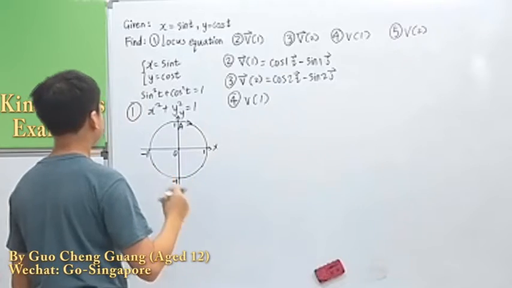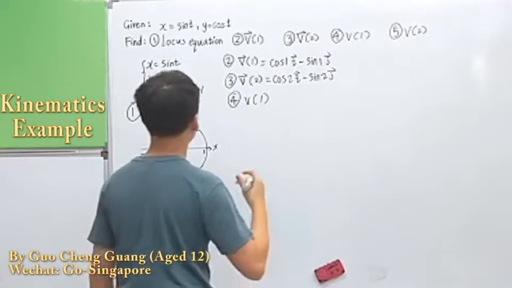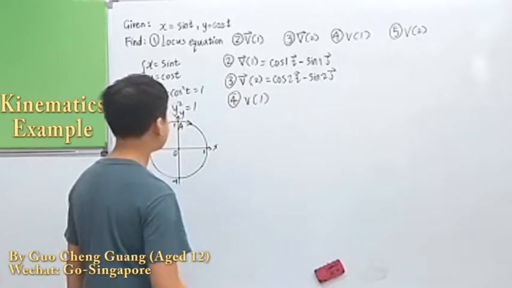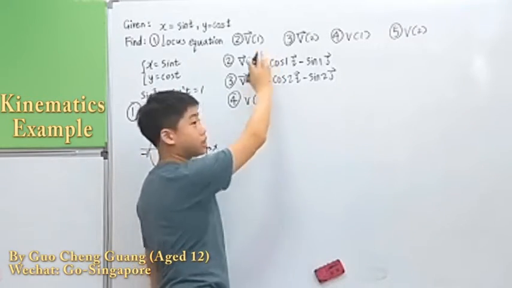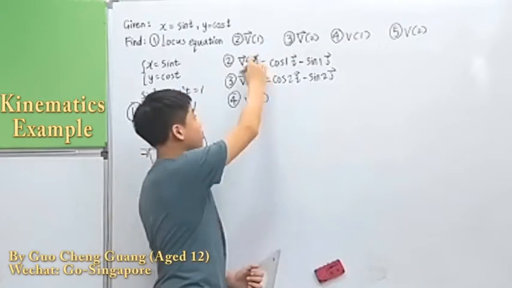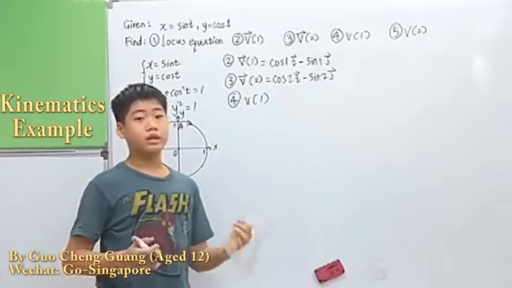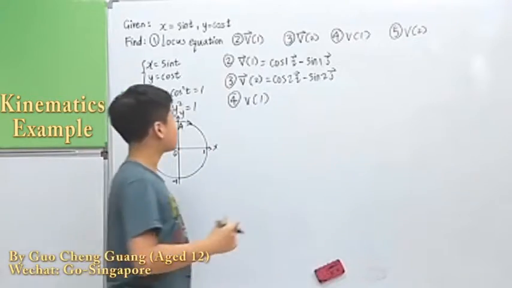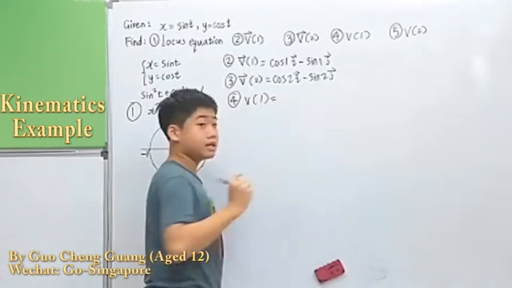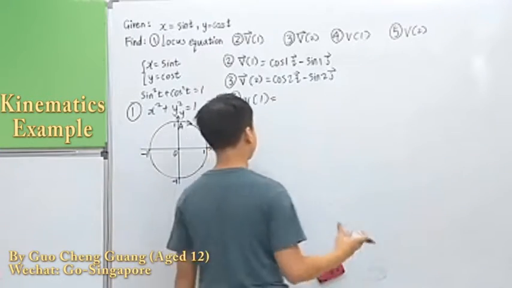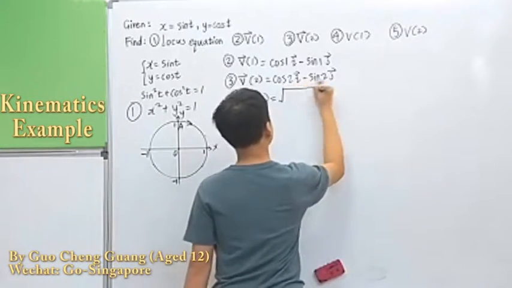Now, in our instantaneous speed, we do not have that kind of direction. Another way you can write it is actually just the length of this vector, or this velocity for that part. So, to find its length, we can use the Pythagoras theorem.